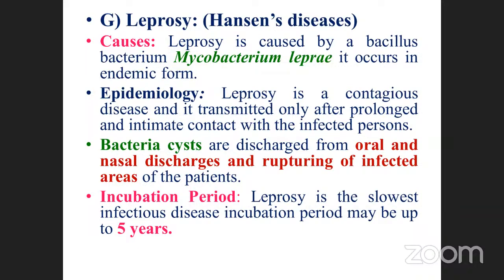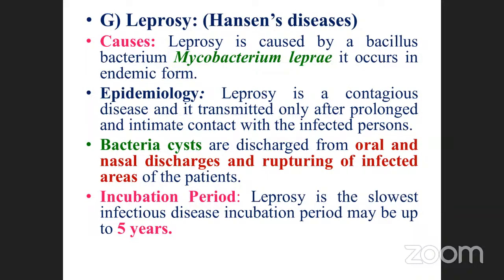So how will it be transferred? One specialized structure is called a cyst, that is, the bacterial cyst of Mycobacterium leprae. Cysts are discharged from oral and nasal discharges and the rupturing of the infected area of the patients.